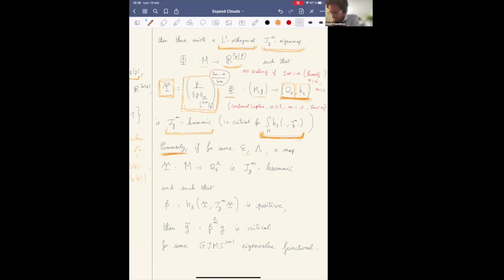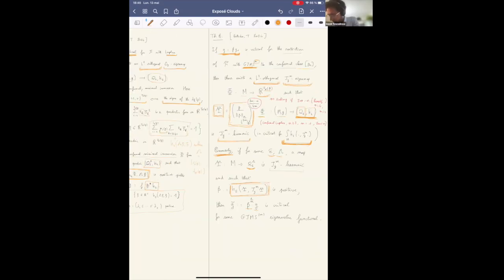So if for some parameters epsilon and lambda, we're given a map psi from M to some suitable quadric Q epsilon lambda, that is GJMS harmonic, and such that some other function, which would eventually give the conformal factor to recover a critical metric in the conformal class of g, is positive, then the conformal metric given by multiplying g by beta to the power 1 by m is critical again for some functional. So it's the same kind of statement.